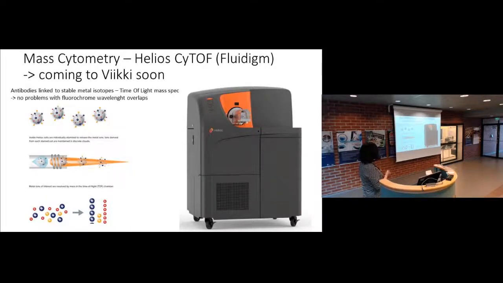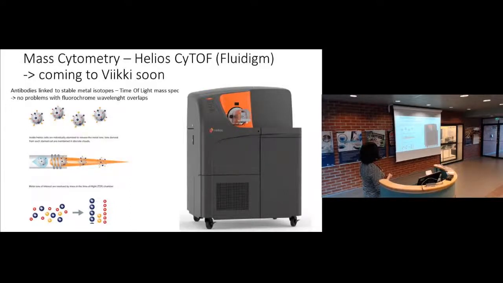is Fluidigm's machine. The principle is otherwise the same: you put the cells in and you have antibodies against your protein targets, but instead of fluorochromes, there are stable metal isotopes conjugated to these antibodies.